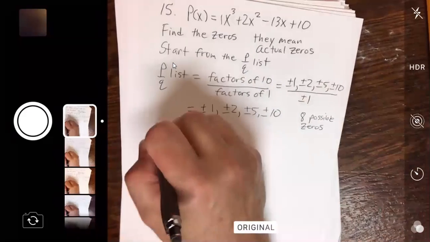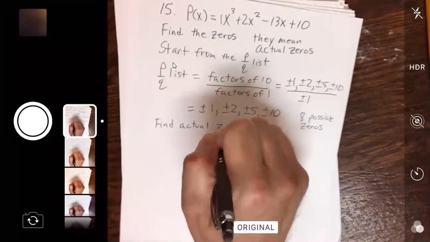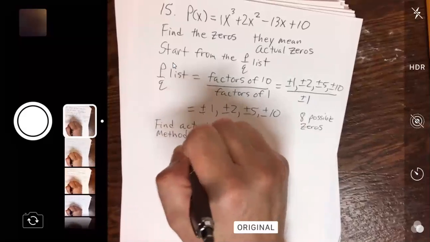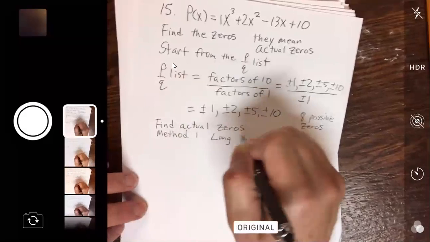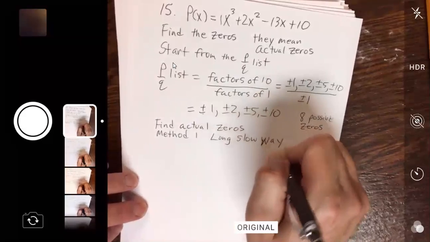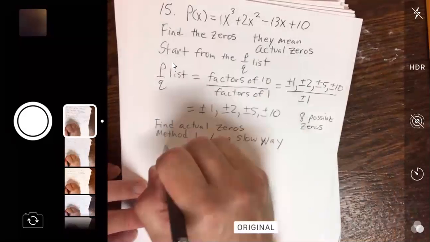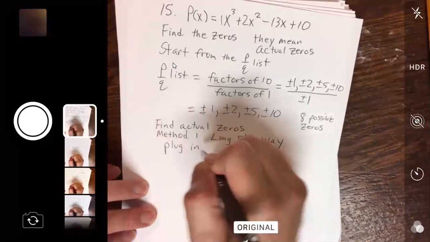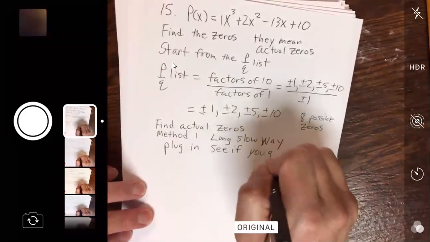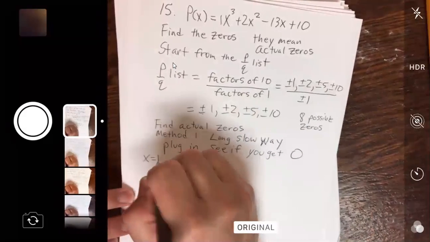All right, find actual zeros. Method 1, the long, slow way. You want to guess what the long, slow way is? Plug them in and see if you get 0. The book actually shows you this. Literally, x equals 1.